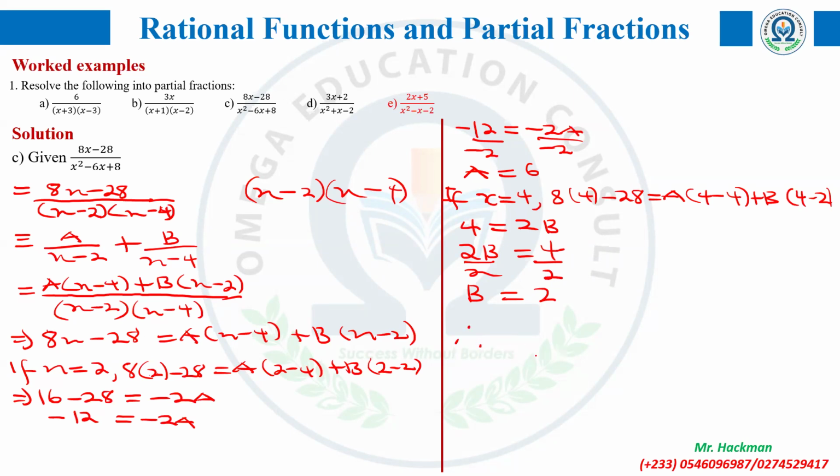So therefore, okay, whatever that we were asked to resolve, which is what? 8x minus 28 all over, okay, your x squared, okay, minus what? 6x, okay, plus 8, okay, will be equal to, now that will be equal to, we said A. Is A positive? A is positive, so you can start with A. So that will give us 6 over, okay, x minus 2. Then plus B is also positive, so 2 over, okay, x minus 4.